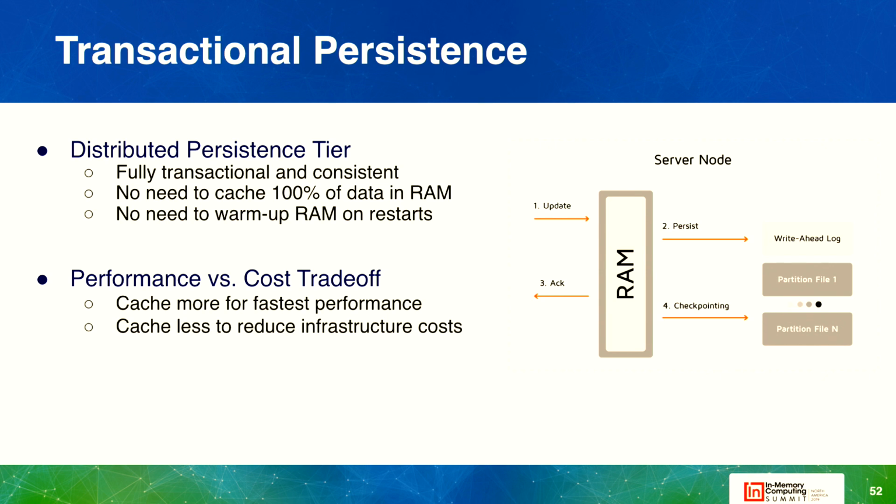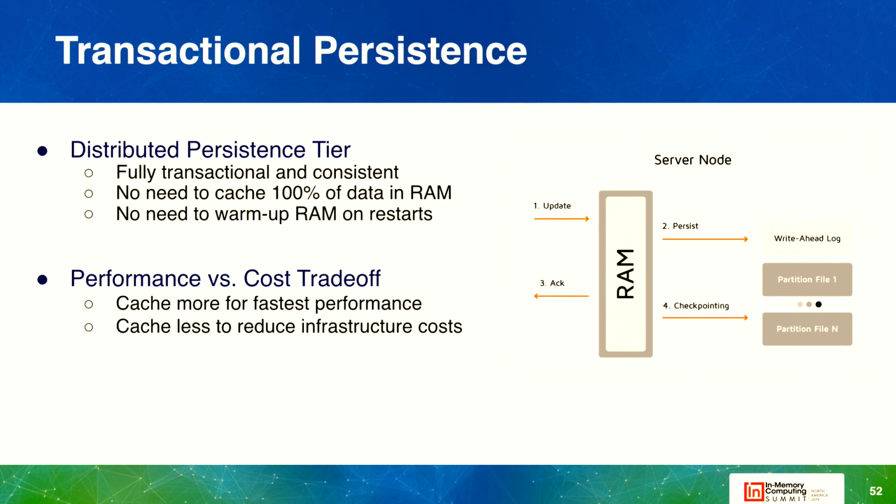With GridGain, the unique memory-centric architecture is designed and optimized for RAM as your storage, or for Intel Optane as your storage. But when it comes to disk, you also can easily and freely use it as your storage tier. For instance, you are not required to keep the entire data set in RAM with GridGain. It's up to you.